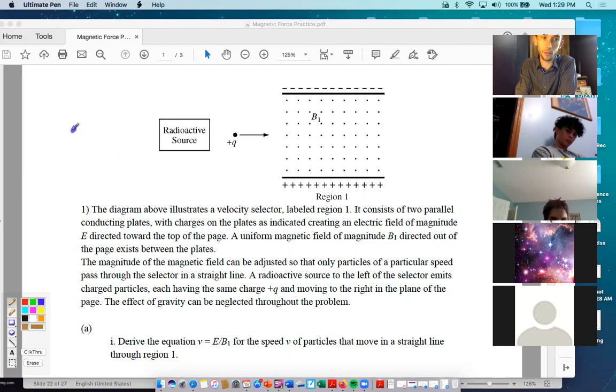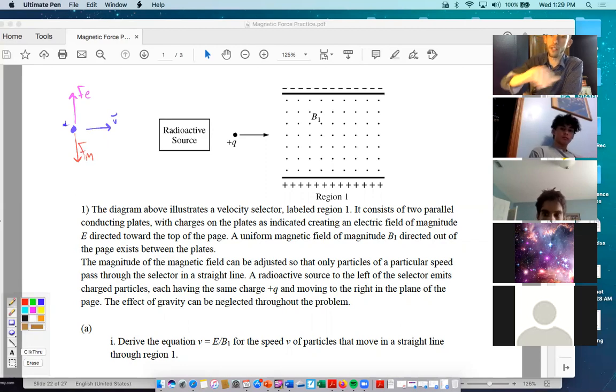So here's my particle. It's positively charged, and I know that it's moving with a velocity of v. So I'm going to add that to my diagram. And it's going to have an electric force pointing up, following the field, right, from positive to negative. And then the magnetic force has got to be pointing down. I know that because of the right-hand rule.